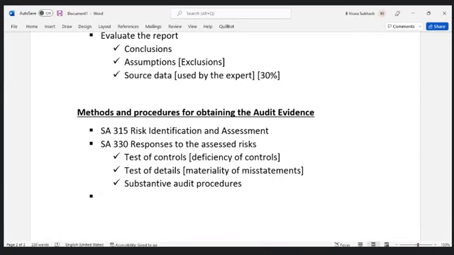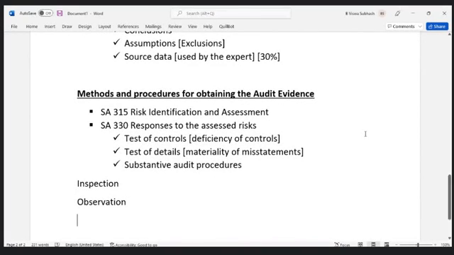Now, what are the ways in which you will get these? We have seen the flow chart. If you remember, we have seen inspection, next observation. Next, we thought about what are the aspects that we looked at.